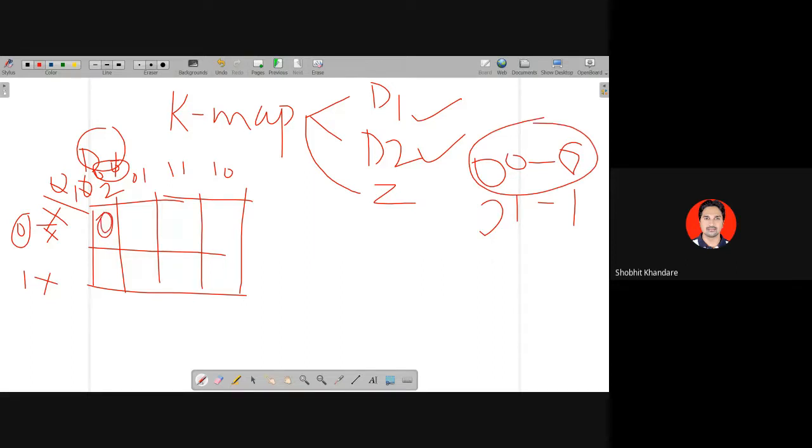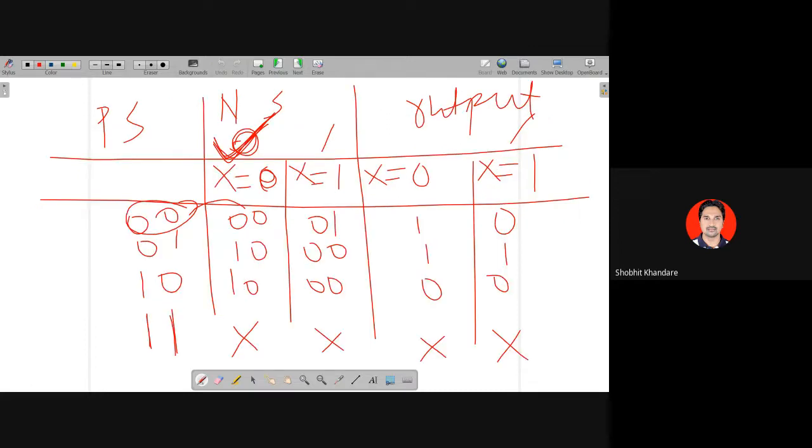Now tell me, when your input is 0 and you are in the present state 01, you will go to the next state 10.